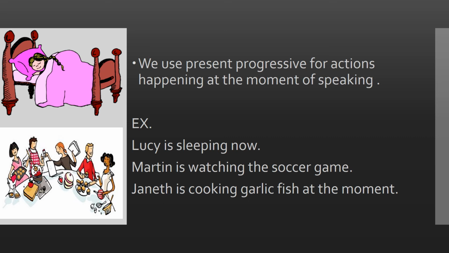Second example, Martin is watching the soccer game. What is the action happening at the moment? That Martin is watching the soccer game. The last one, Janet is cooking garlic fish at the moment. Okay? Remember the second use. Actions happening at the moment of speaking.